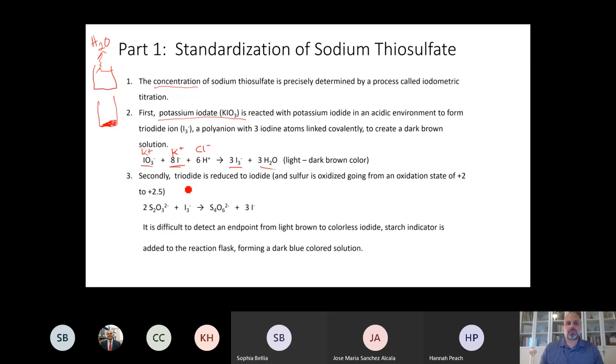The next step, we would have taken the triiodide that's produced, the I3 minus, and reacted it with the thiosulfate ion.